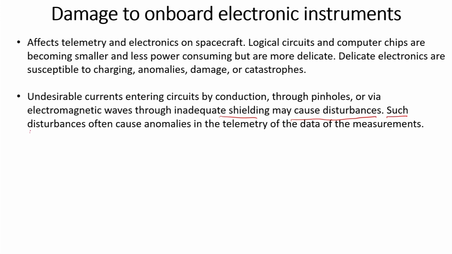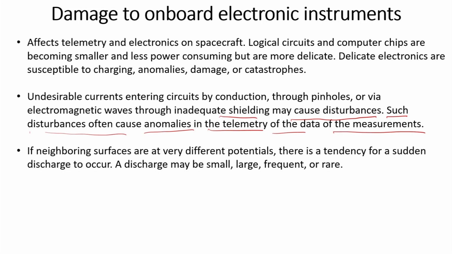Such disturbances can cause anomalies in the telemetry data. Telemetry, tracking and telecommand is a very important subsystem, and if this system fails, it will be difficult to control the satellite. Now, if neighboring surfaces are at very different potentials, it is a case of differential charging.